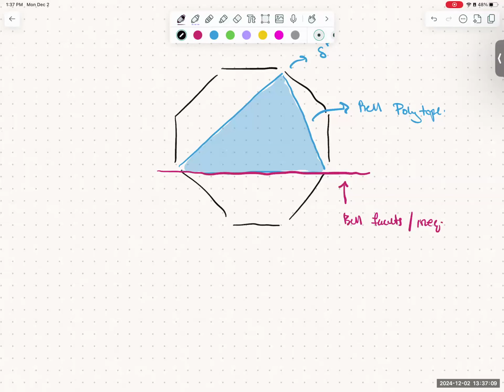Oftentimes people are interested in knowing what these Bell inequalities are because they give a very straightforward way of telling whether a particular distribution, say I have an arbitrary distribution P, is contextual or non-contextual. Namely, a P that satisfies all of these inequalities will be inside the blue region, and if it does not satisfy them, then it must be outside of the blue region, and we call it contextual.